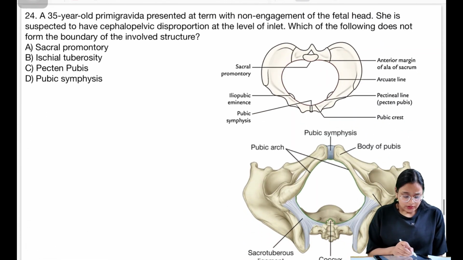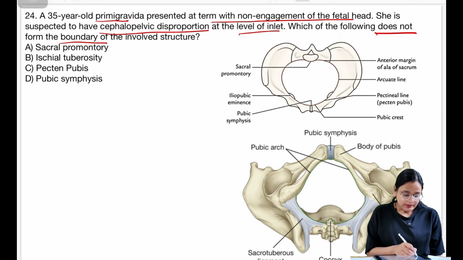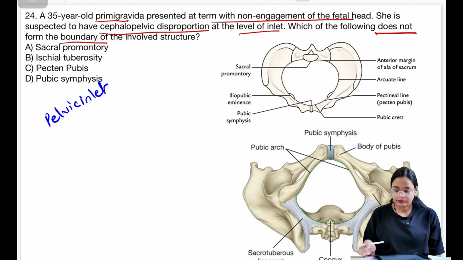Next is a 35-year-old primigravida presented with non-engagement of fetal head. She is suspected to have cephalopelvic distortion at the level of inlet. Which does not form the boundary of the involved structure? For this you need to remember pelvic inlet boundaries and pelvic outlet boundaries.